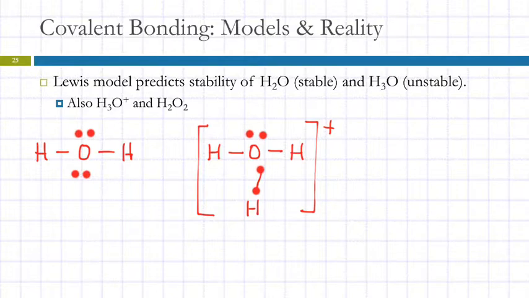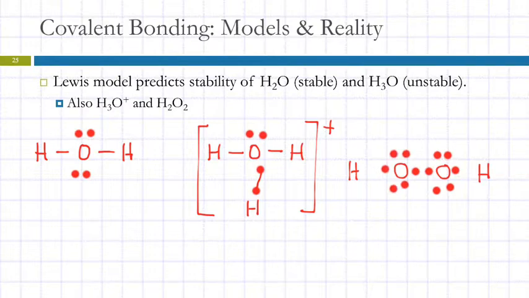Let's look at H2O2. So there are the Lewis symbols for the different elements, kind of messy. So oxygen can share an electron with that hydrogen.